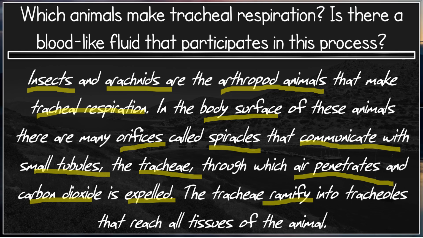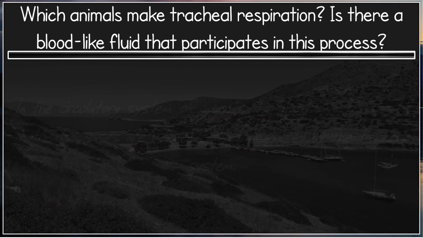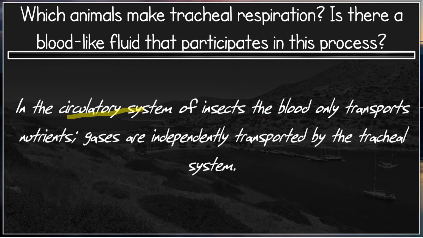The tracheas ramify into tracheoles that reach all tissues of the animals. In the circulatory system of insects, the blood only transports nutrients; gases are independently transported by the tracheal system.